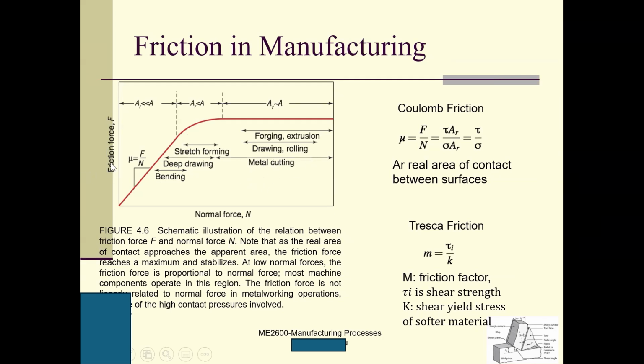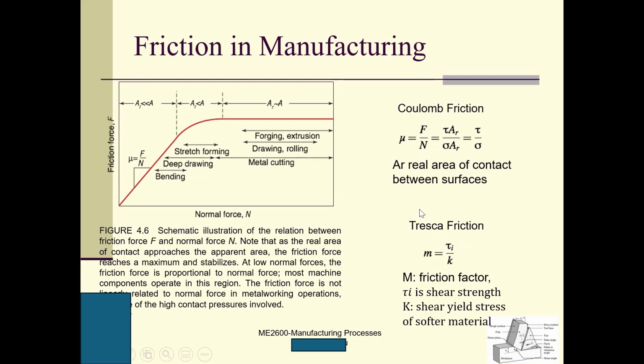Also there is frictional force in drawing, rolling, forging, and extrusion. So this is the normal force during manufacturing. Usually in our model we use Coulomb friction, where mu is defined as the friction force divided by the normal force. If you go a little bit further, it equals tau divided by sigma, the shear stress divided by the normal stress, supposing the area is the same.